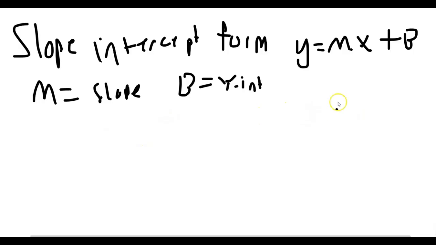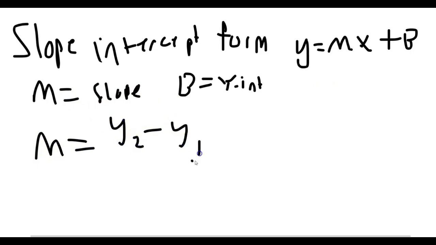We would calculate the slope just like we did in the last problem. We would get 2 x points and 2 y points, subtract them, and that's how we would get slope. Just like in the other one.